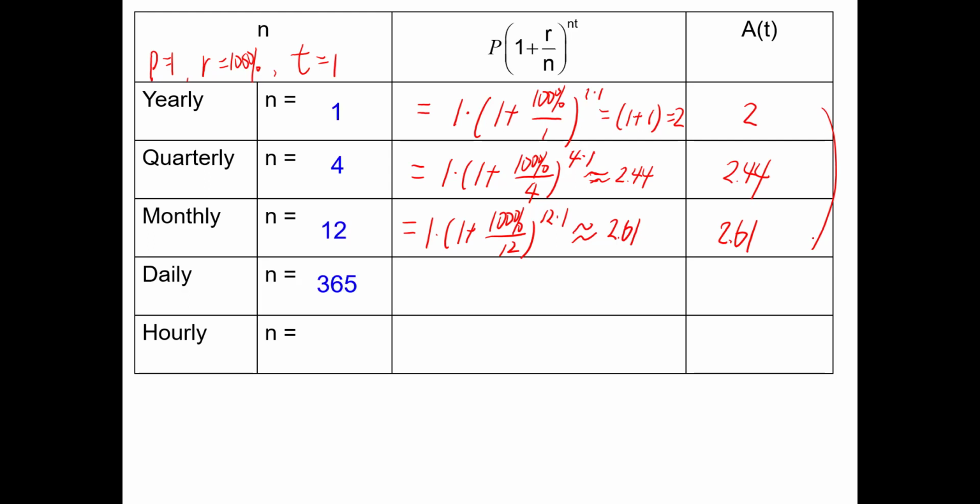If compounded daily, that would be 365. So this is 1 times 1 plus 100% over 365, raised to 365 times 1. Let's see what that is.